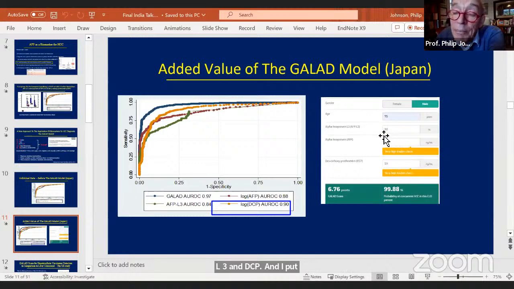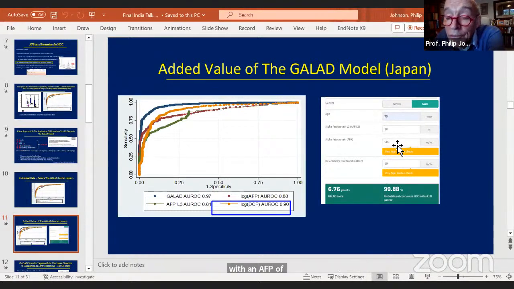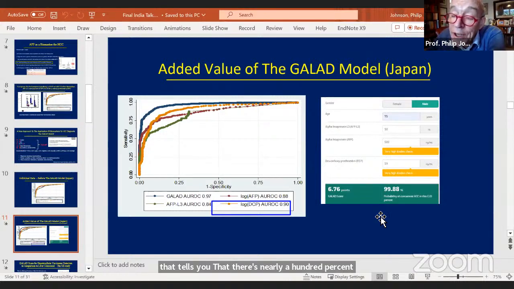And I put in, for example, here, a man age 75 with an AFP of 50 and 500 and a DCP of 10. And it reads out a score, and that tells you that there's nearly 100% likelihood of this liver having an HCC in it.